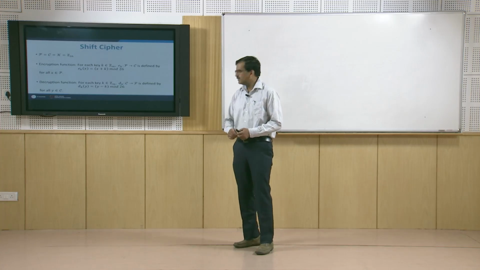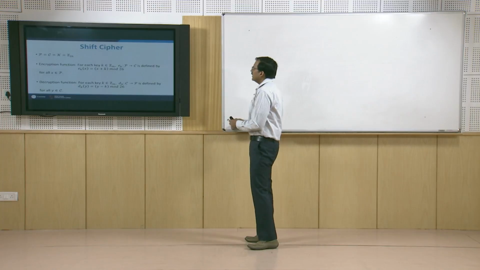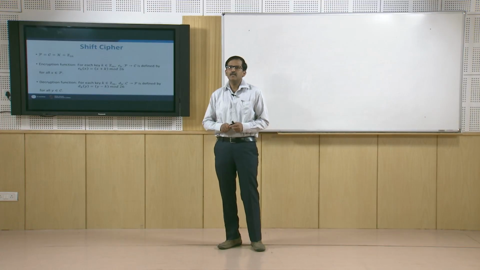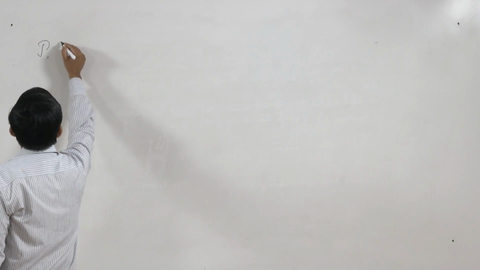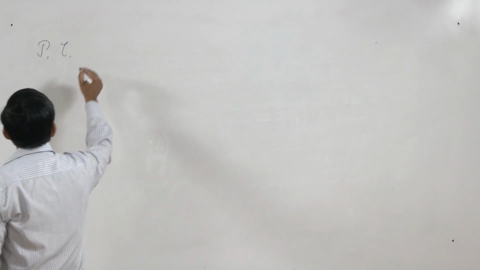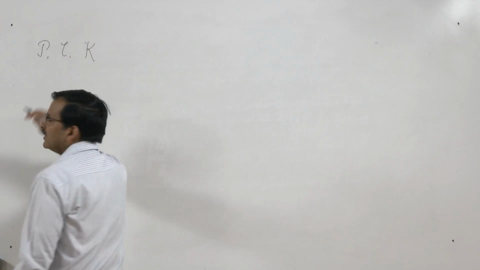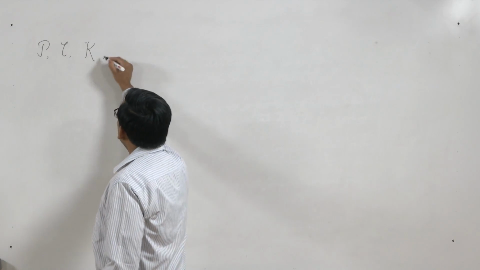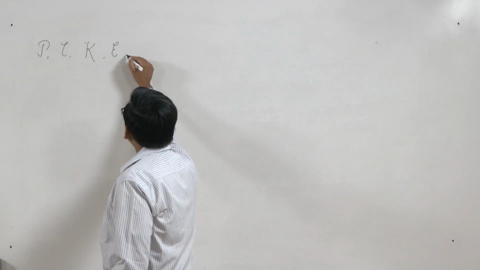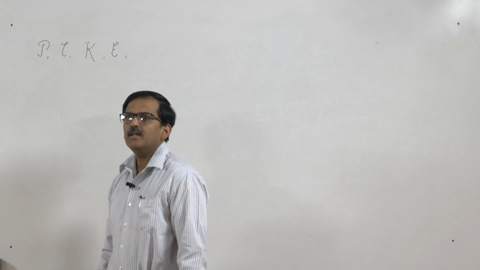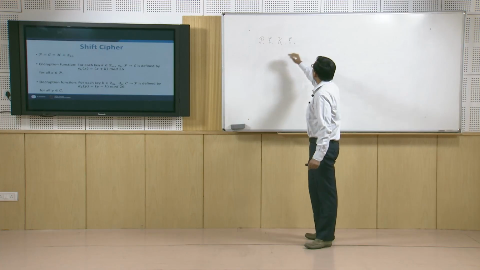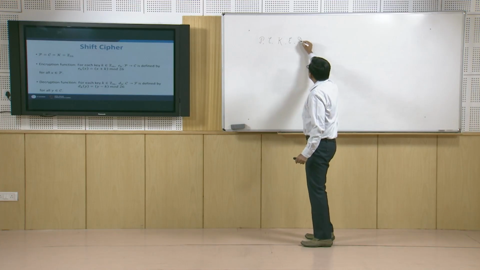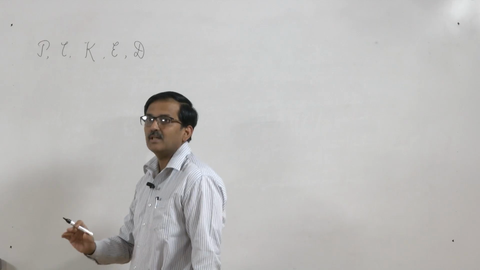Now, as we have seen in our previous lectures, in order to specify a crypto system, we have to specify a few sets. These sets are P, the set of plaintext, C, the set of ciphertext, K, the set of keys, and then E, the set of encryption functions which are labeled by the keys, and D, the set of decryption functions which are again labeled by the keys.